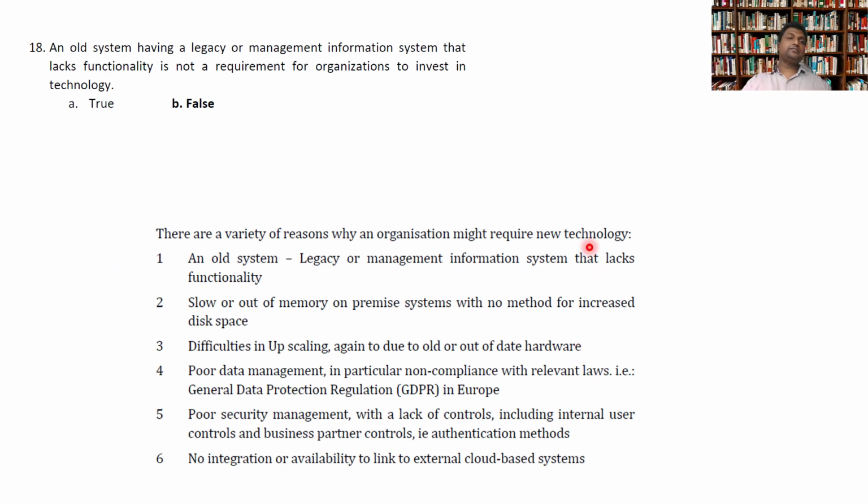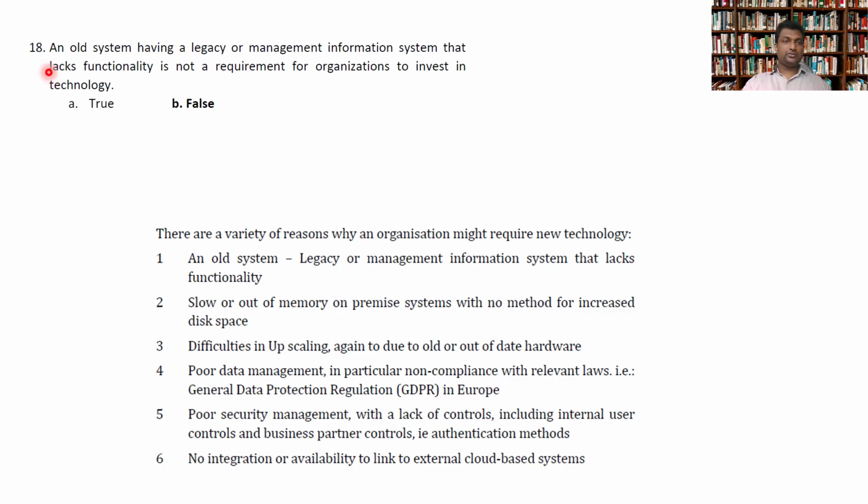An old system, having a legacy or management information system that lacks functionality, is not a requirement for organizations to invest in technology. So it says if you have an old system, and that old system does not have enough functionality, whatever the organization wants to do now, they can't do it because the system is old and does not have this new functionality, right?